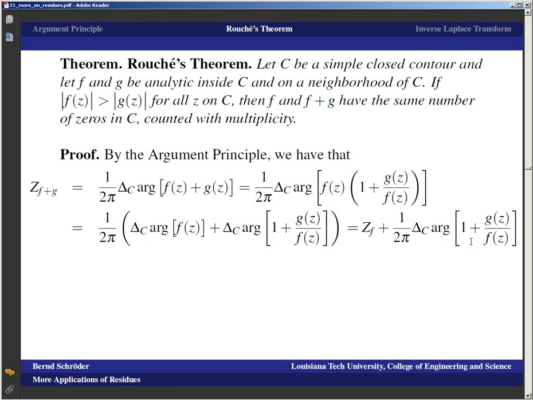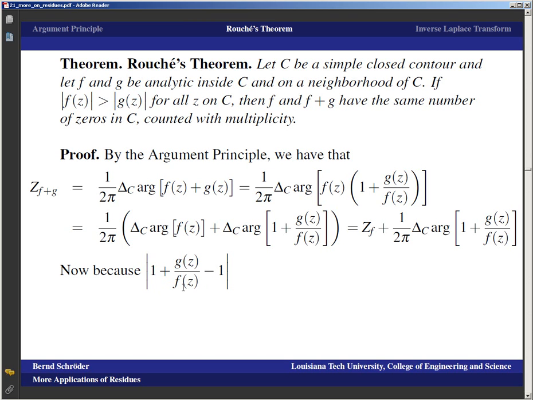And the other one I left like that because we're going to claim that that's 0, and that's another one of those arguments where we use inequalities. Basically, we're going to show that this function stays so close to 1 that it can never wrap around the origin. And if you want to show something stays close to 1, you form the difference to 1 and do that in absolute value.